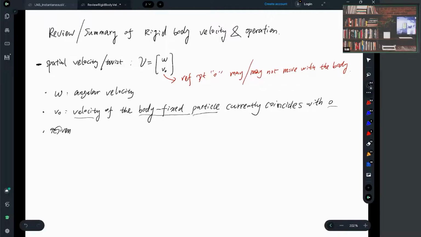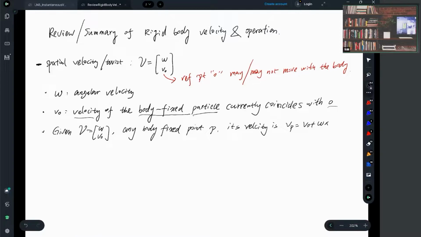What I emphasized during our proof, which may have caused some confusion for some students, is that given the twist V, then any other body-fixed point, let's say P, has velocity Vp equal to Vo plus omega cross the vector from O to P. That's the universal formula for the parameterization.